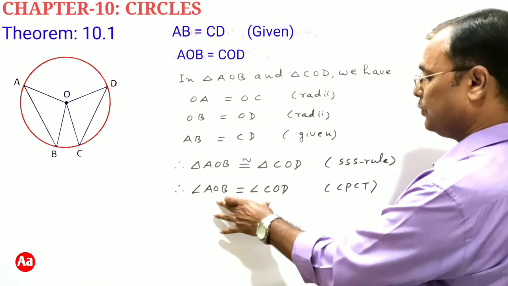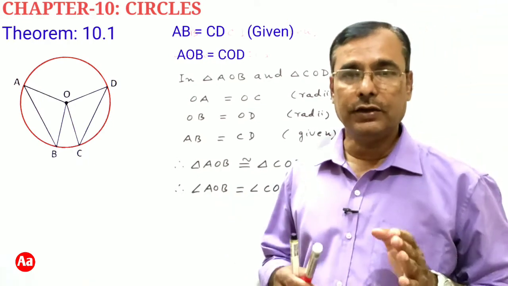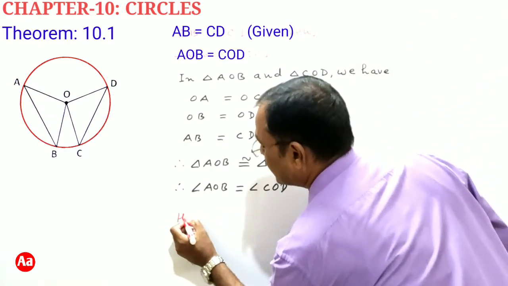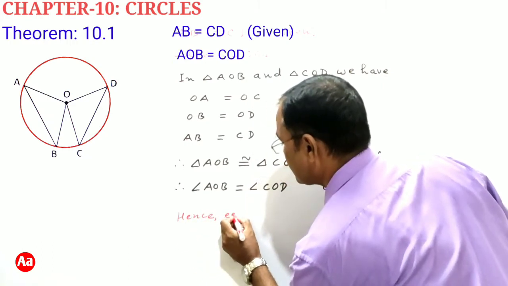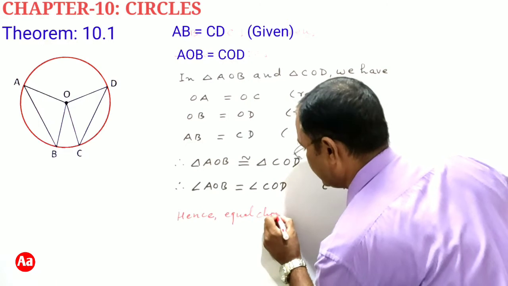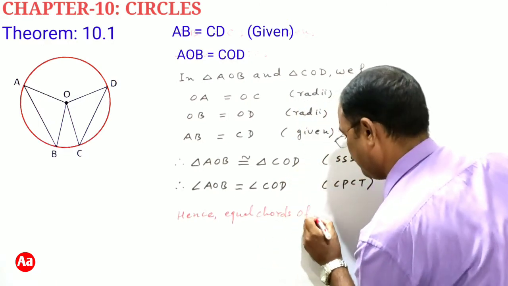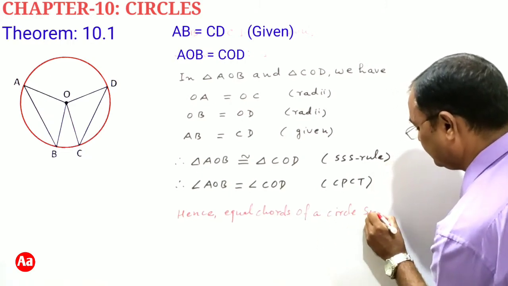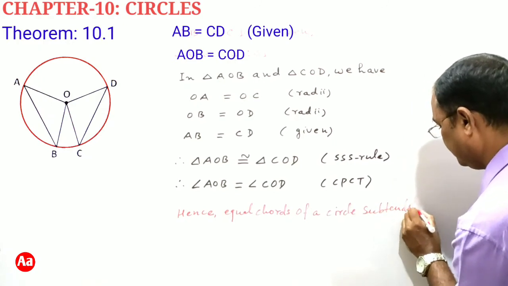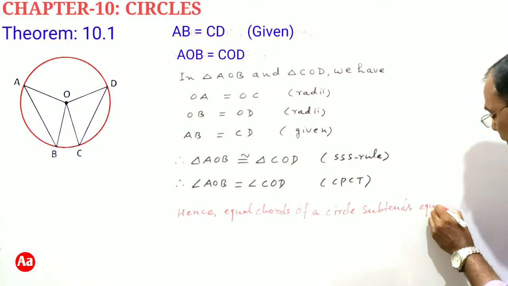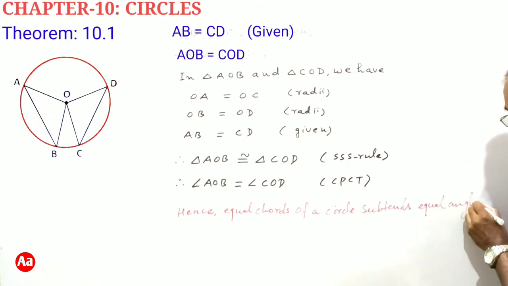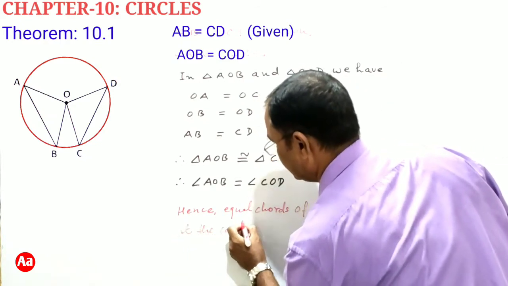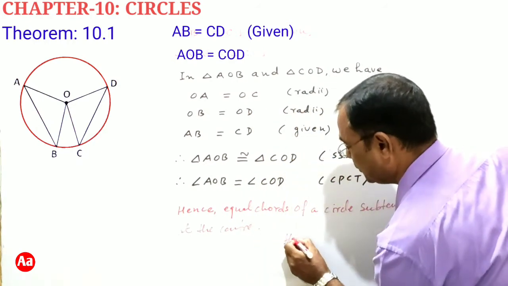So angle AOB equal to angle COD proves that equal chords of a circle subtend equal angles at the center. Hence proved.